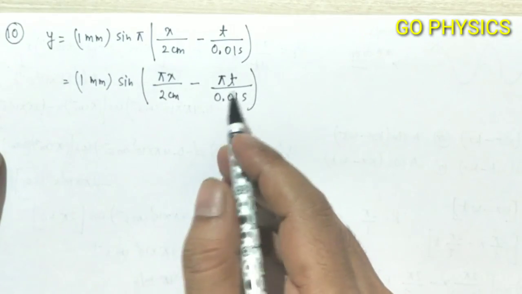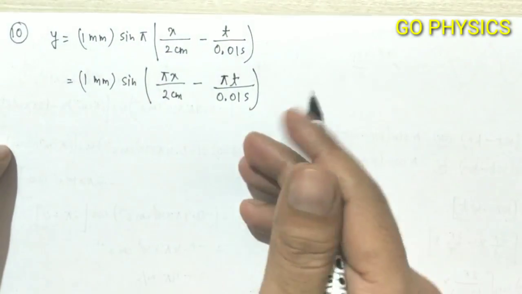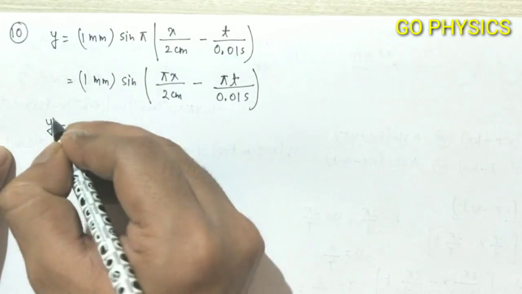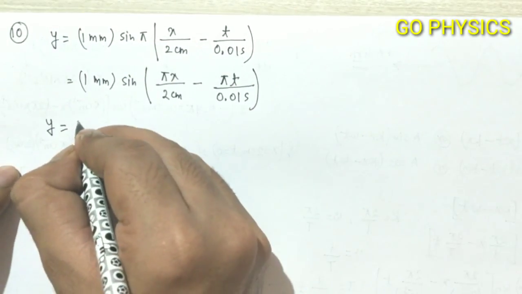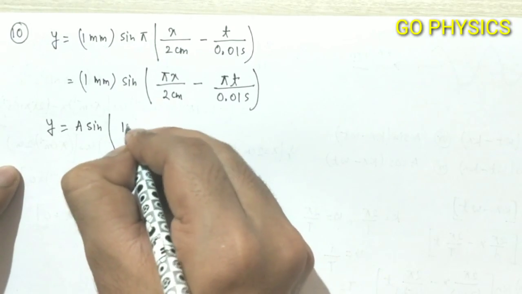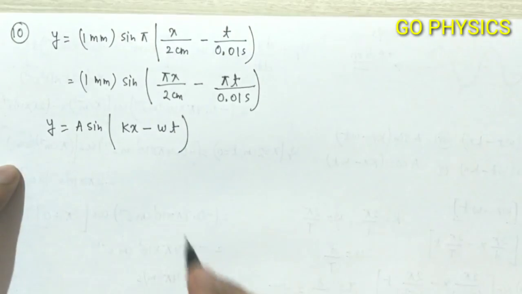Now we will write one standard equation of wave that we already know. So the standard equation of wave is y equal to a sine kx minus omega t.